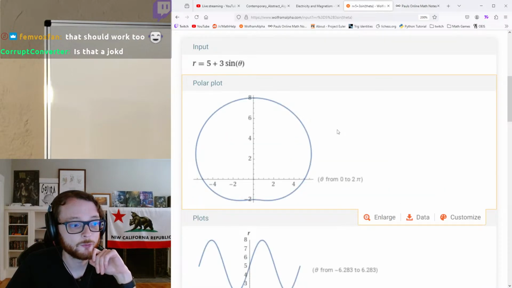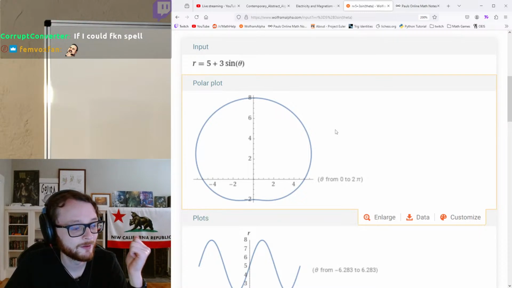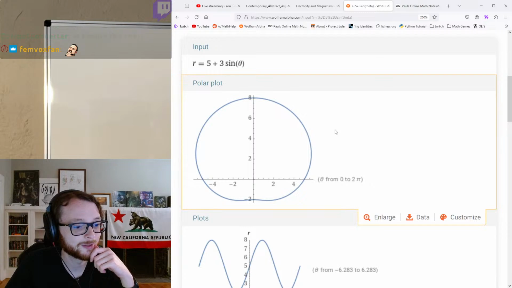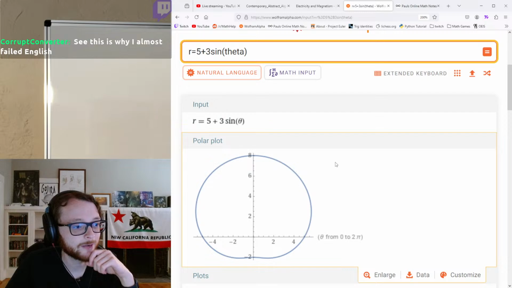You do have to get used to changes of variables though. In Calc 3 especially, you're going to learn that instead of Cartesian coordinates like x, y, and z, there's cylindrical coordinates, spherical coordinates, and you're allowed to invent your own type of coordinates if you want, arbitrarily. But they don't ask you to graph really annoying things with those.